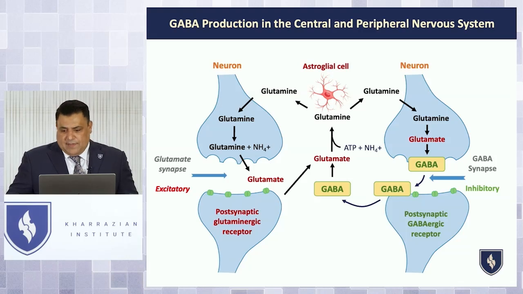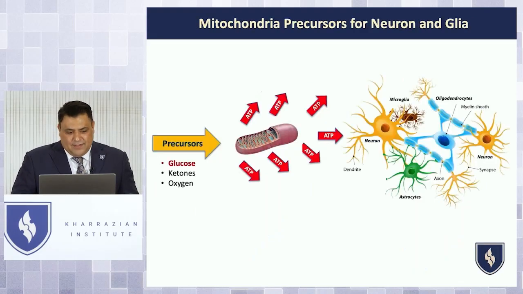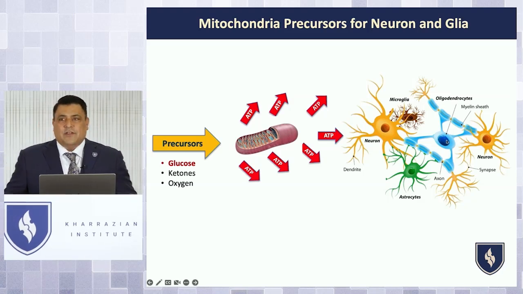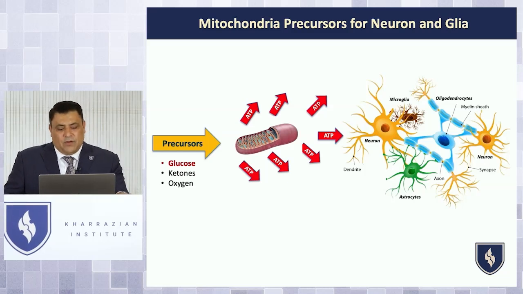Now the other key thing is that glucose or ketones are necessary to make ATP for mitochondria. And the microglia and neurons and astrocytes and oligodendrocytes all need ATP to function. So it's pretty clear that brain function goes down when blood sugar levels are low.